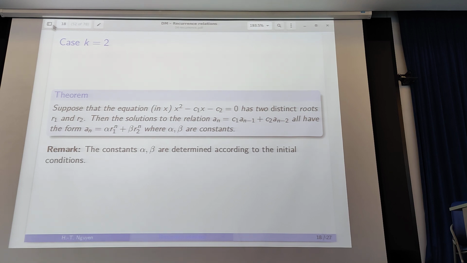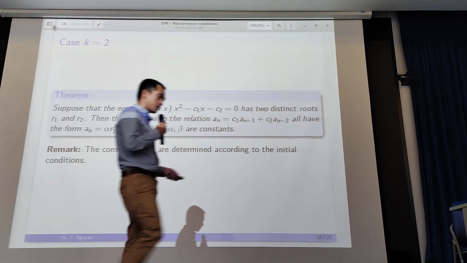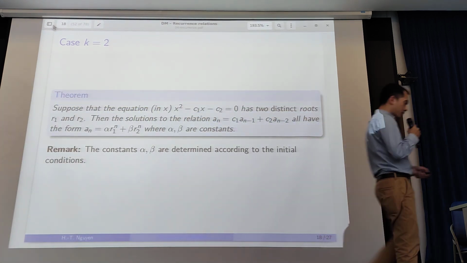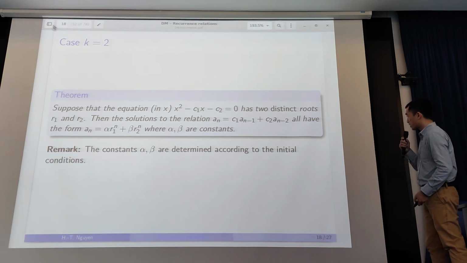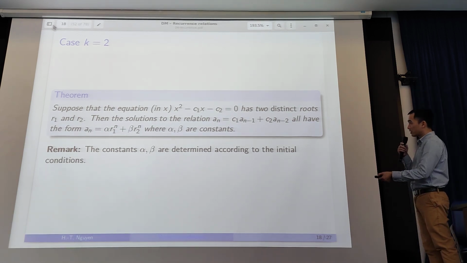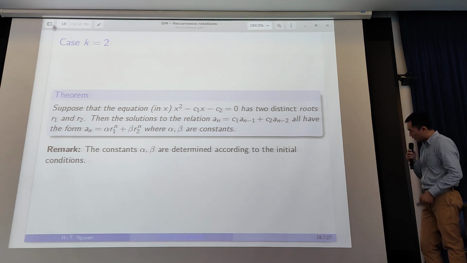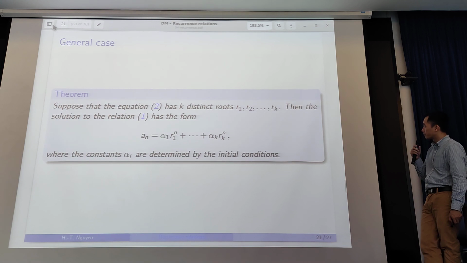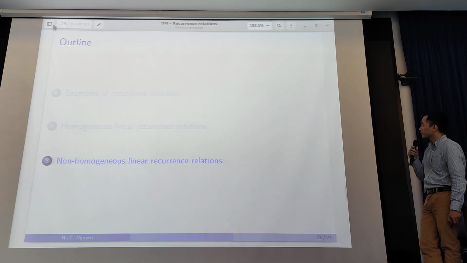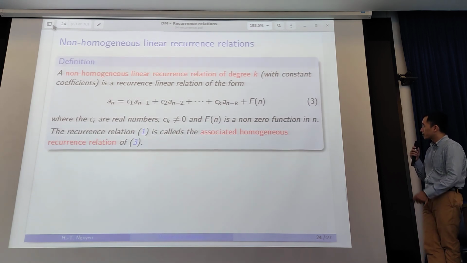You can verify this maybe, I leave it to explain on the table. You cannot repeat this argument, this calculation, if you have a non-homogeneous term in the relation.